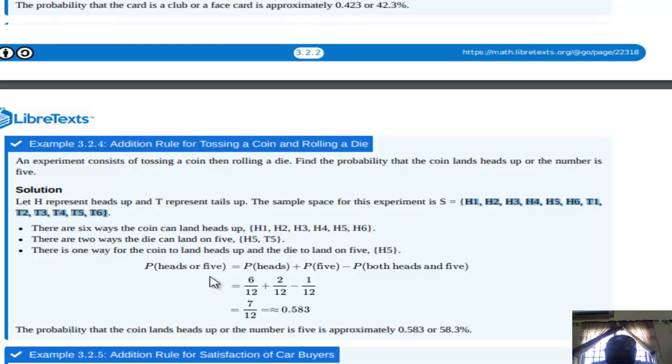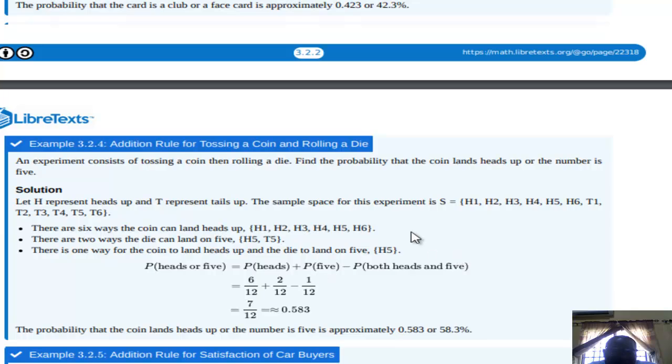So using that formula, the probability that head or 5 occurs is going to be the probability that head occurs. You count the number of heads here: 1, 2, 3, 4, 5, 6. So it's going to be 6 over 12. The probability that 5 occurs: you count it, 1, 2. So it's going to give you 2 over 12. Then don't forget the case where the two occur at the same time, so you have to remove it.